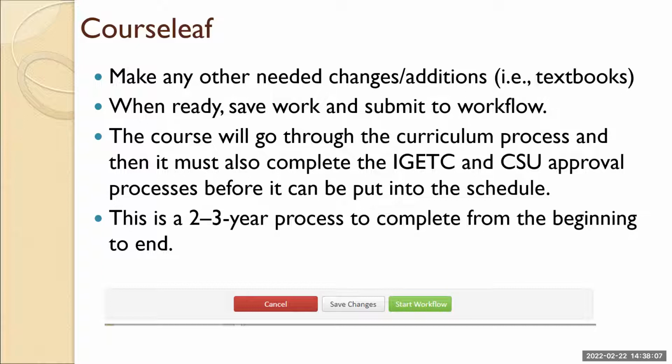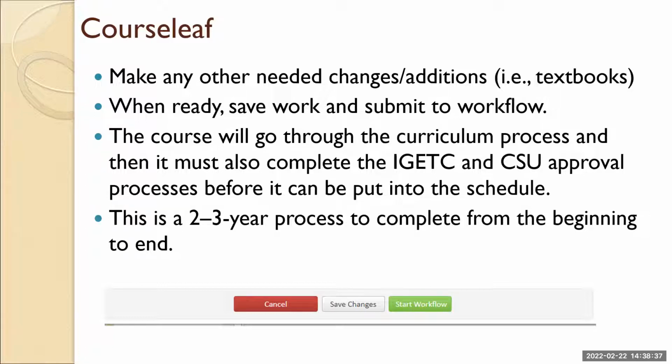And then once it gets approved through that process, which can take about a year, then the course has to go through the curriculum processes of getting IGETC approval and Cal State University approval. We can't put it in the schedule until it has both of those. So it has to be approved and transferred. Now I know that they just recently changed the laws on that, and so that will eventually impact us.